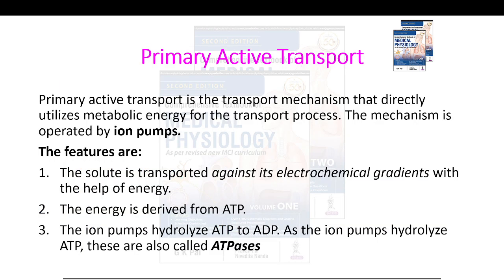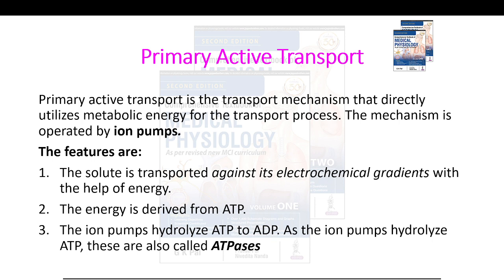So what is primary active transport? Primary active transport is a transport mechanism that directly utilizes metabolic energy for the transport process. This mechanism is operated by ion pumps, and there are many ion pumps. The solutes are transported against the electrochemical gradient with the help of energy derived from ATP.